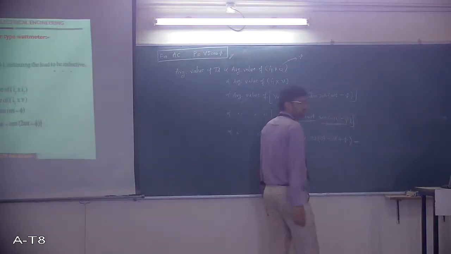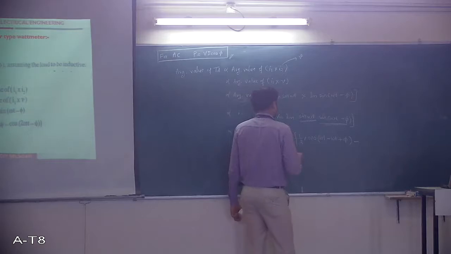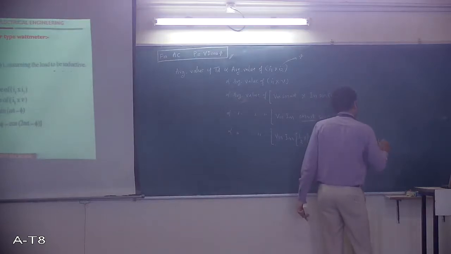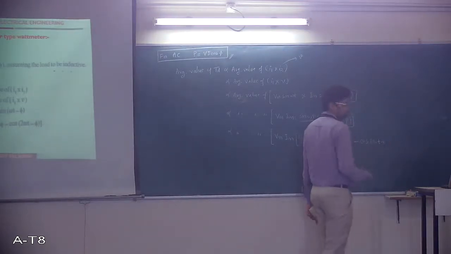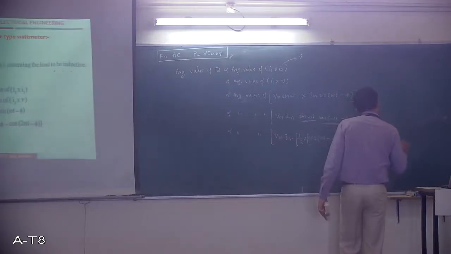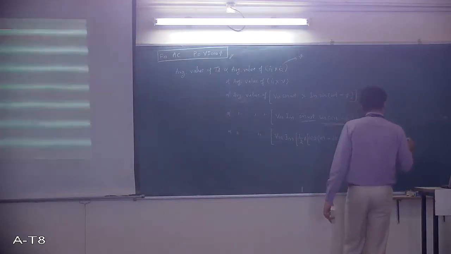Minus, let me use this bracket, cos of (A plus B). A is once again omega t, plus B, where B is omega t minus phi. Let me write this as it is.